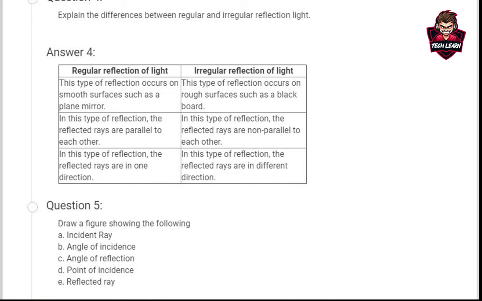Irregular reflection of light. This type of reflection occurs on a rough surface such as a blackboard. In this type of reflection, the reflected rays are non-parallel to each other. Third, in this type of reflection, the reflected rays are in different directions.